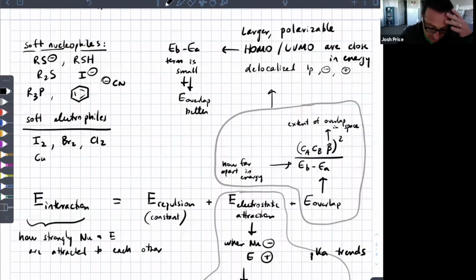Transition metals that have lots of electrons in them, but are nonetheless positively charged, can be good soft electrophiles. In fact, historically, the ability of sulfur-containing compounds to interact with mercury is important. Does anybody know what you do in a lab when you break a mercury thermometer?